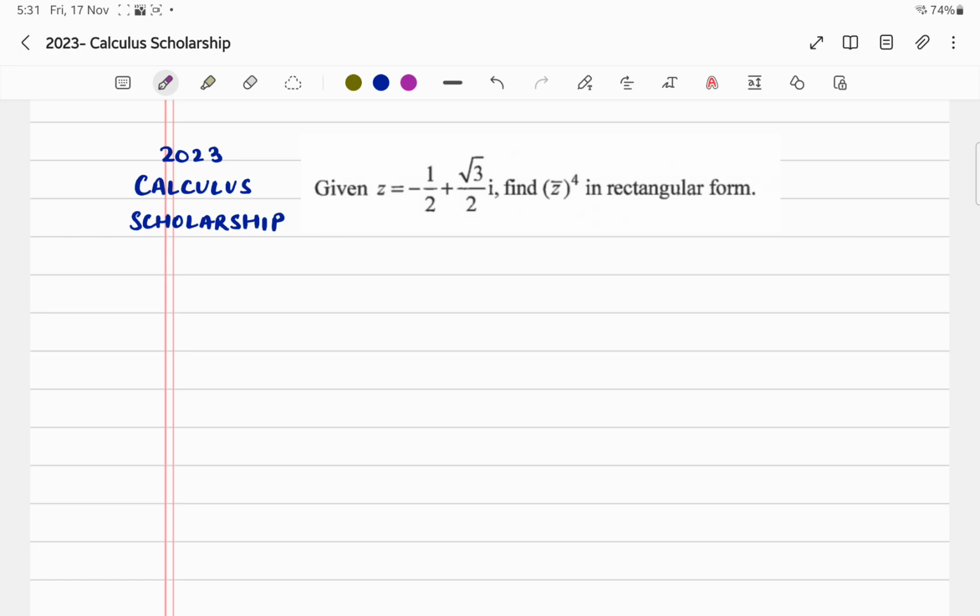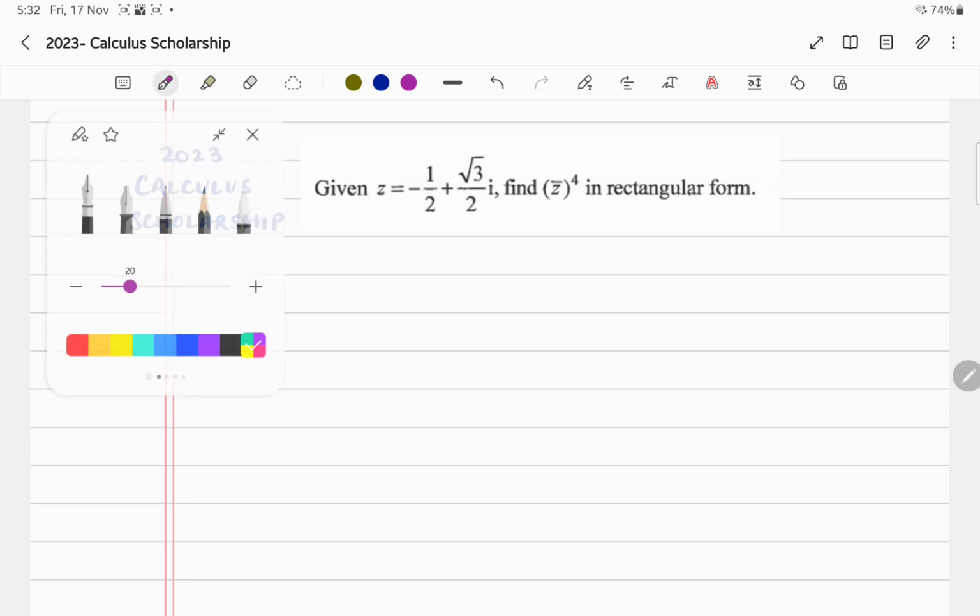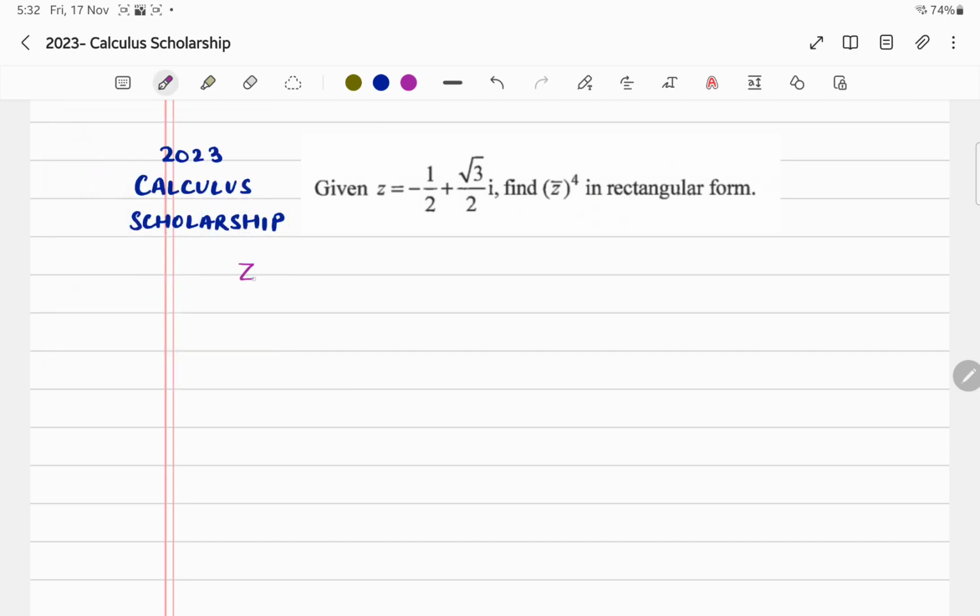So it says, given z equals minus 1 over 2 plus root 3 over 2 i, find z bar, the conjugate, to the power 4 in rectangular form. So here we have z equals minus half plus root 3 over 2 i.